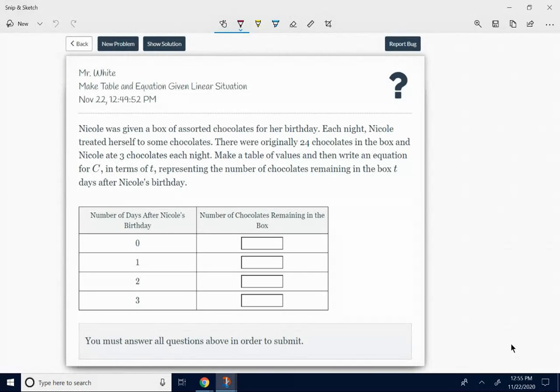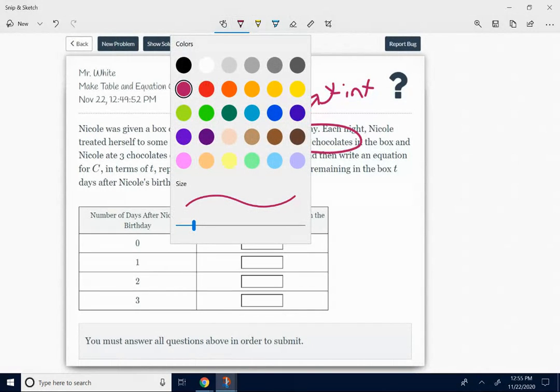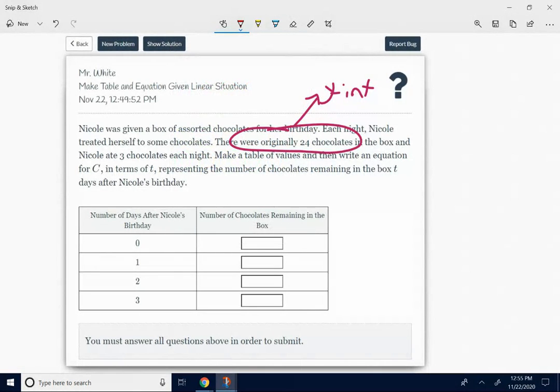In terms of T, representing the number of chocolates remaining in the box, T days after her birthday. What I wanted you to see, even though we're focusing on the data table, is that just by looking at the sentences, you can tell what the slope and the y-intercept are. The y-intercept is how much stuff you start with. She's starting with 24 chocolates. That's the initial amount. That's the y-intercept. The slope is how fast things change from that initial amount.